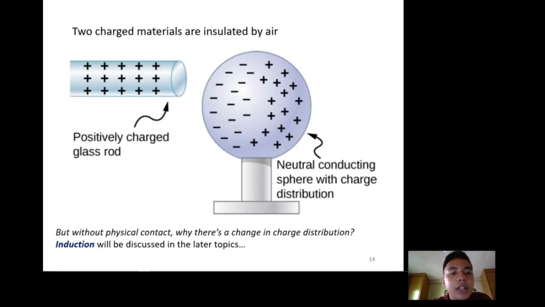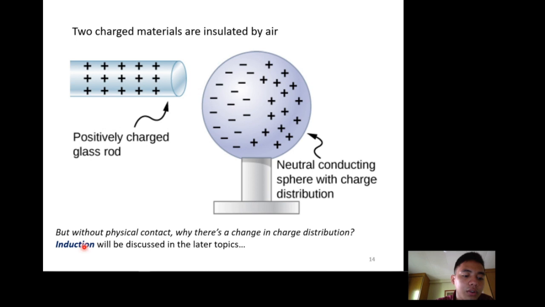Okay, two charged materials are insulated by air. So a positively charged glass rod, and then the neutral conducting sphere with charge distribution. But without physical contact, why is there a change in charge distribution? Why is it all negative here and then all positive, even if there's no transfer of electrons or charges, no?